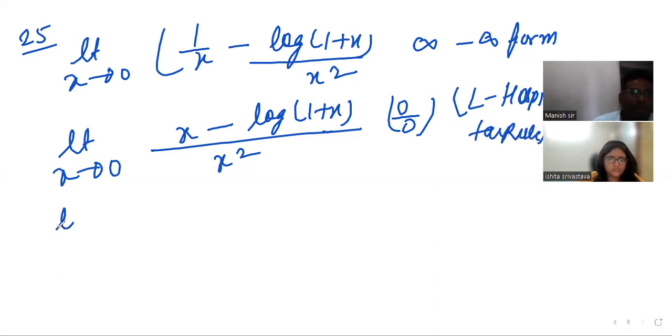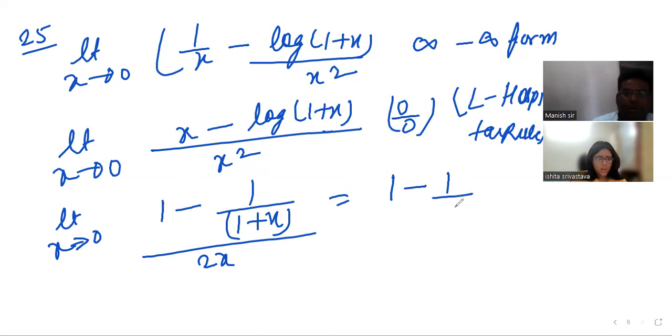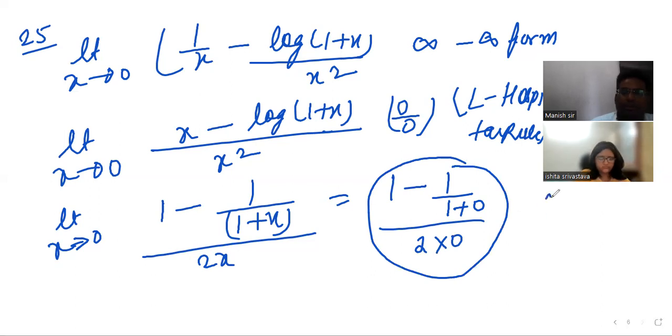So it will be limit x tends to 0. It will be 1 minus log differentiation is 1 upon 1 plus x, and x square differentiation is 2x. Now put the value of x. So it will be 1 minus 1 upon 1 plus 0 divided by 2 into 0. We are getting 0 by 0, so again differentiate.